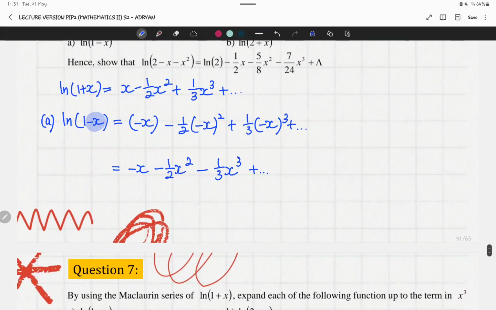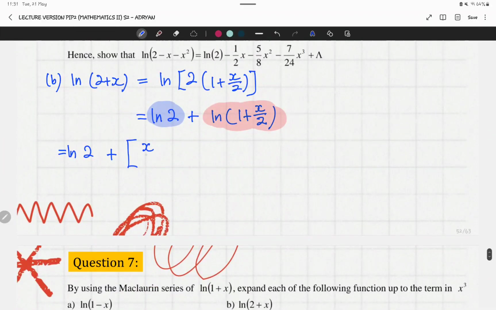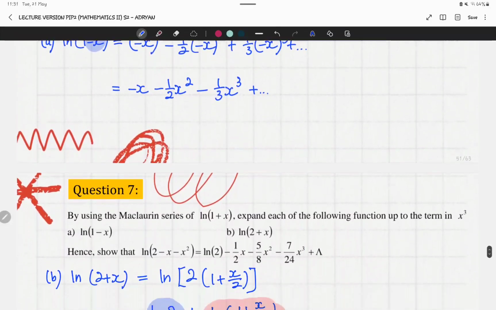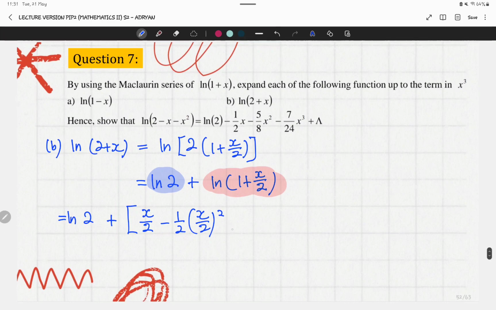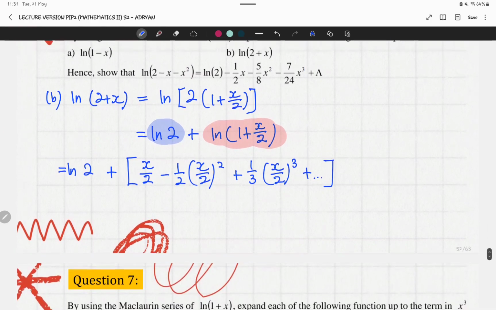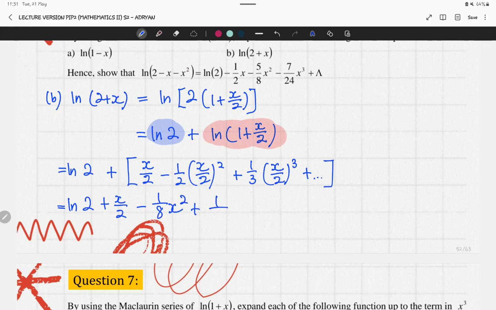Originally our function is x minus 1 over 2 x squared, so x will become x over 2, minus 1 over 2 times (x over 2) squared, and then plus 1 over 3 times (x over 2) cubed, and then plus dot dot dot and so on. So here you will get ln 2 plus x over 2 minus 1 over 8 x squared plus 1 over 24 x cubed and dot dot dot.